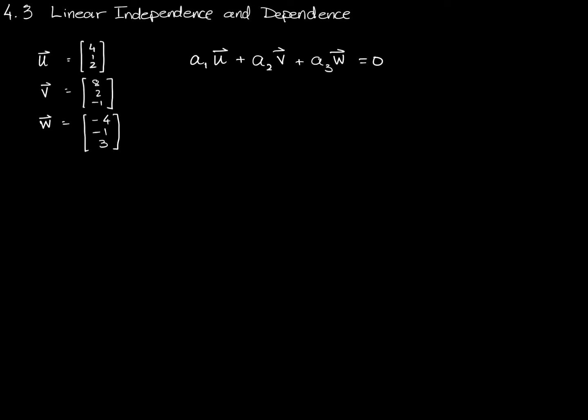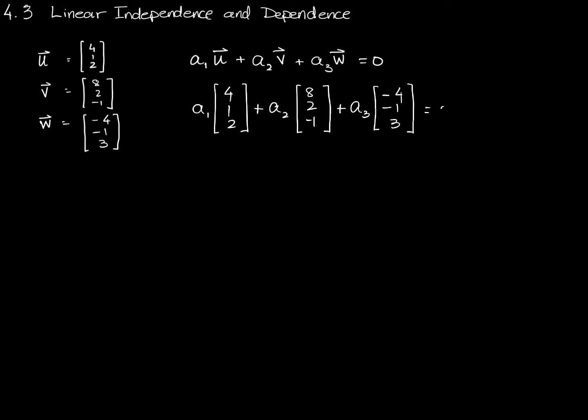We're going to have A1 times the vector u, which is 4, 1, 2, plus A2 times the vector v, which is 8, 2, negative 1, and then A3 times the vector w, and we want that to equal 0.